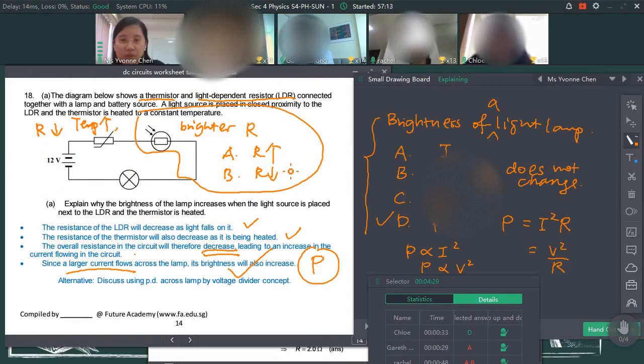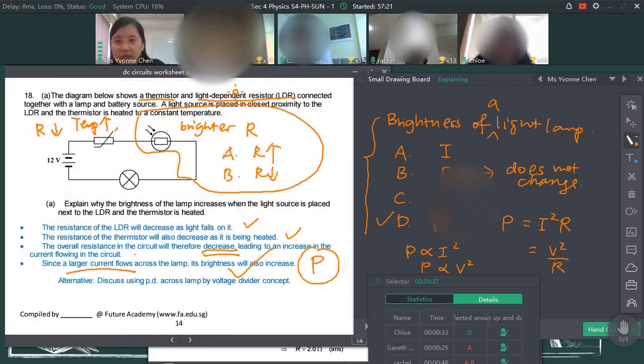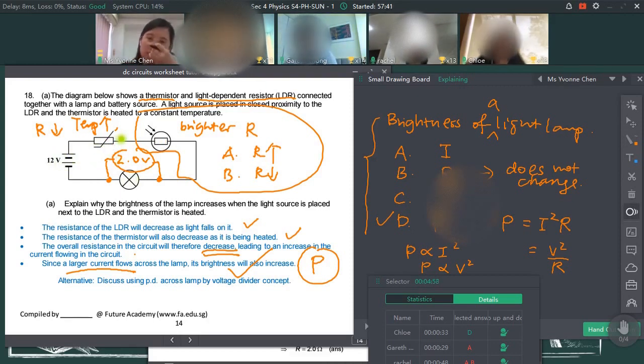I think maybe I help you a bit. So class, you read this instruction here. The voltage across is 2.0, right? Here is 2.0. The total EMF is 12. Then what about the total potential difference across these two? Total is 12, here is 2.